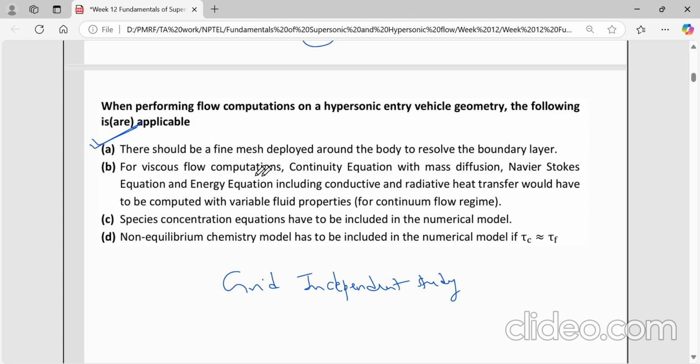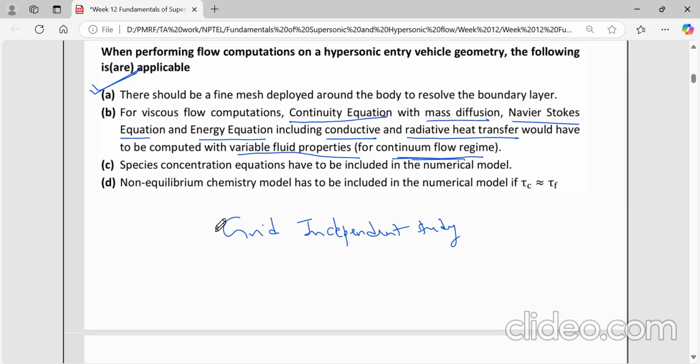Option B, for viscous flow computation, continuity equation with mass diffusion, Navier-Stokes equation, and energy equation, including conductive and radiative heat transfer, would have to be computed with variable flow properties for continuum flow regime. First, the Navier-Stokes equation works for the continuum flow regime only. And for viscous computation, we know that we need the continuity equation, momentum equation, and energy equation.